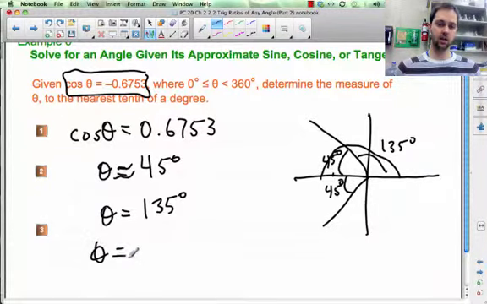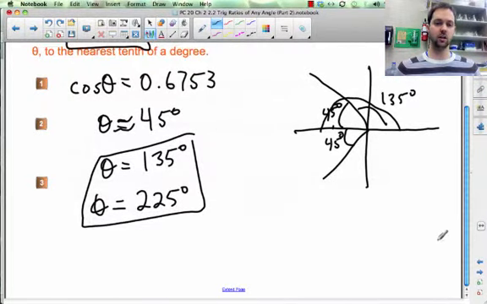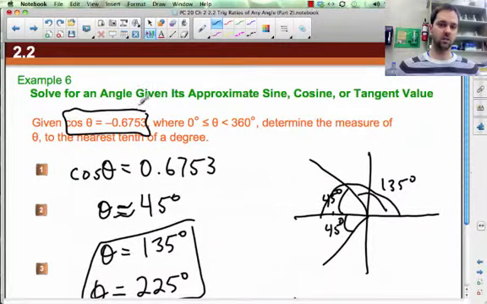So 180 plus 45 will give you an angle of 225 degrees. These are your two possibilities. Go ahead into your calculator, type in cos 135 and type in cos 225, and you will find that for both cases you will get the same answer, and it will be this answer, and they'll both be negative.